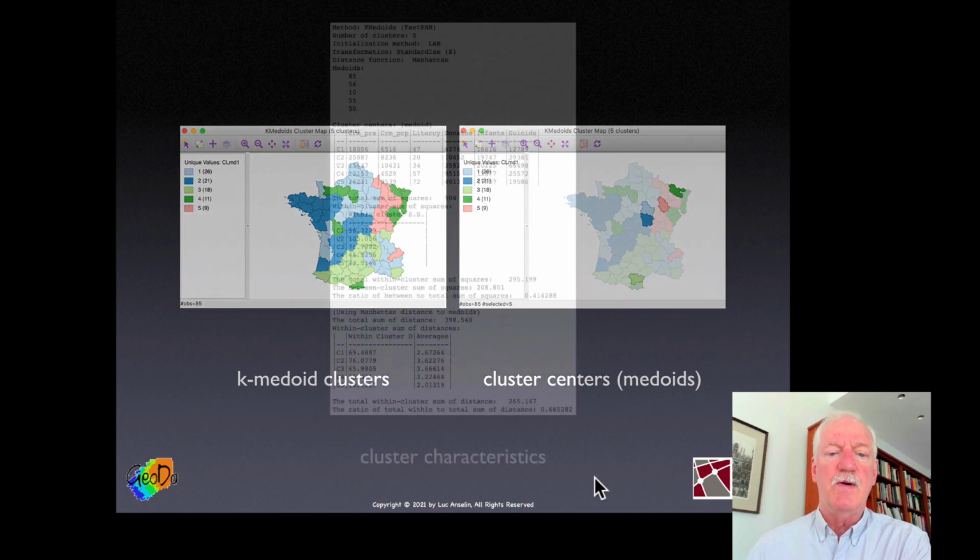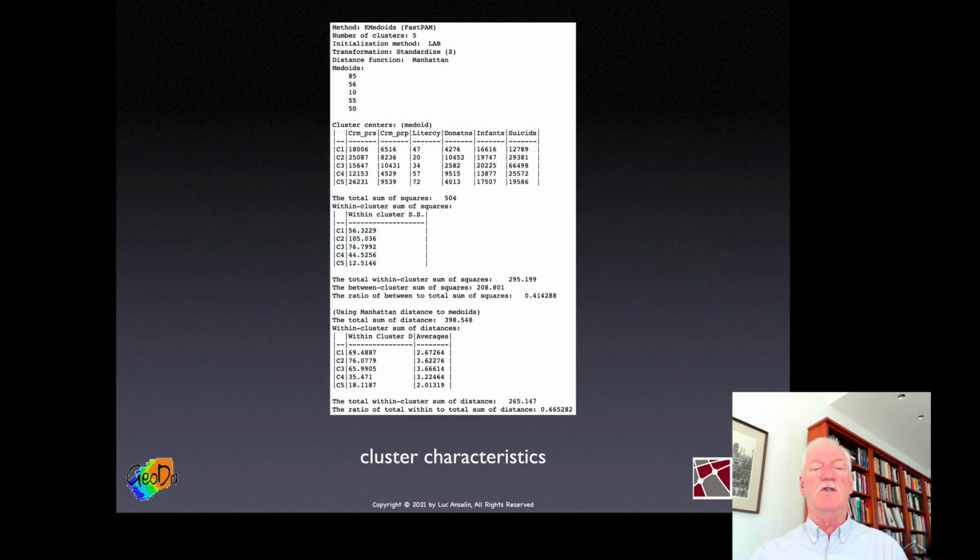And the results are also presented as such. So for each of the cluster centers, we still have the values, but these values now are not averages, but they are the actual observations, the actual values for the variables for those observations picked as the medoids.